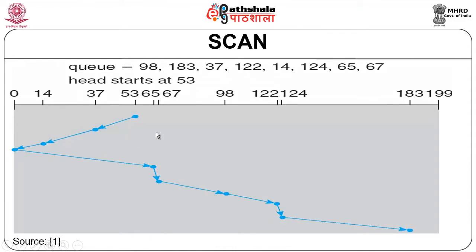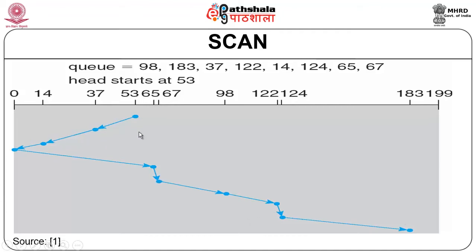So, look at this example. Initially the head position is 53 and the head is moving towards one end, servicing all the requests. It services 37, then 14, but it still moves to the end of the disk till 0, and then again it moves backward. While moving backward, it will service 65, 67, 98, and so on.